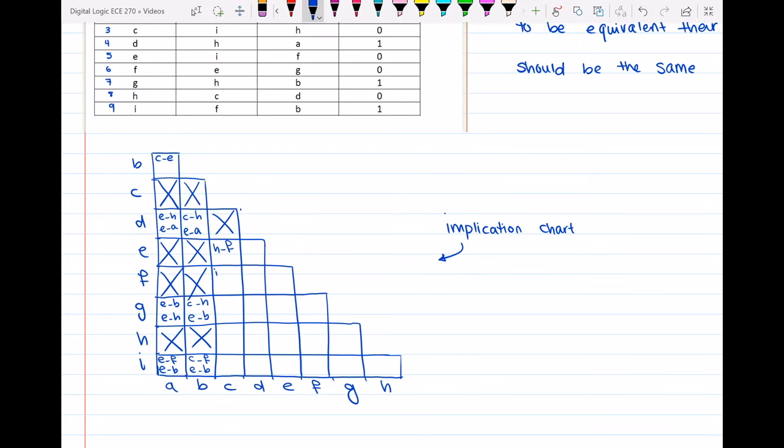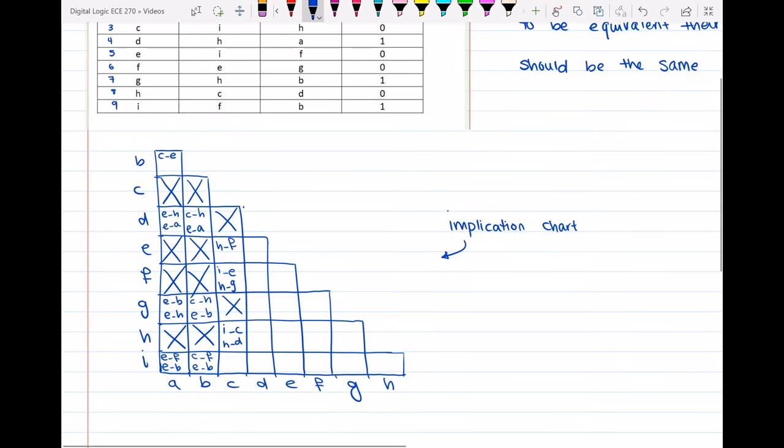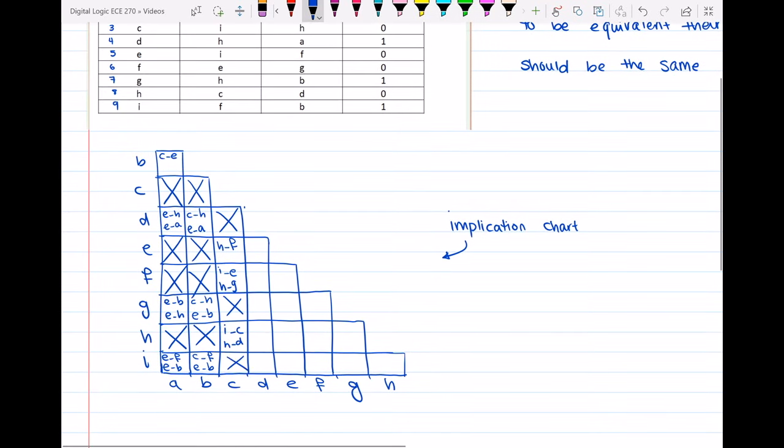So their next states are I, E, and H, G. Okay. Then C and G, they have different outputs, so they cannot be the same. C and H, they have the same outputs, so I, C, H, D. And C and I, they don't have the same output, so they'll be crossed out.